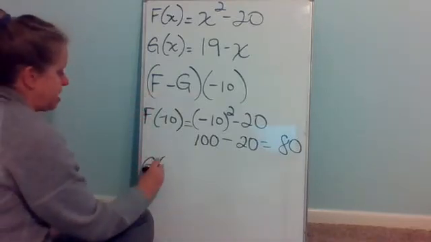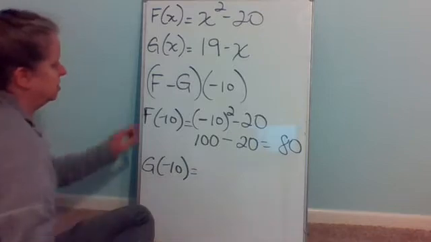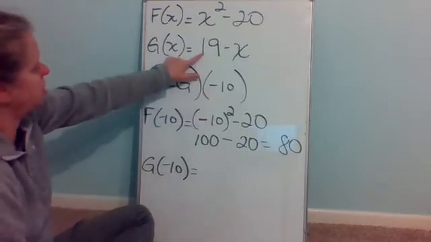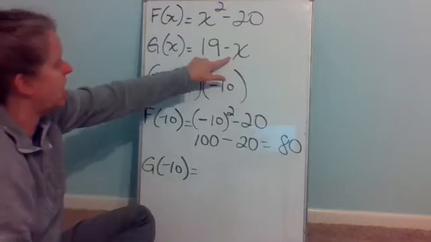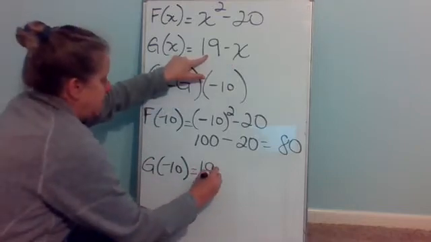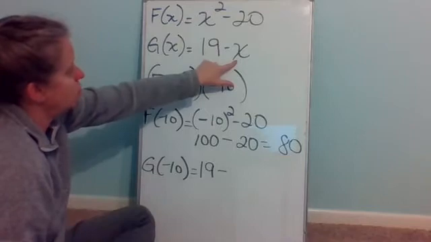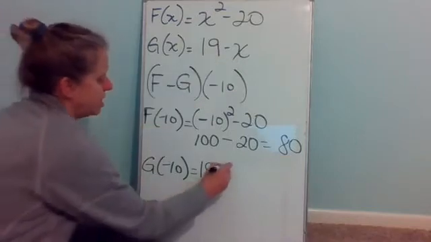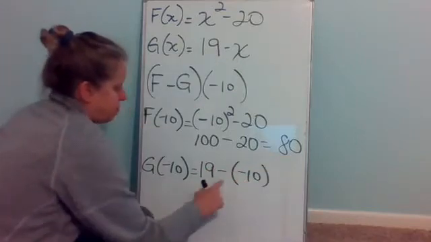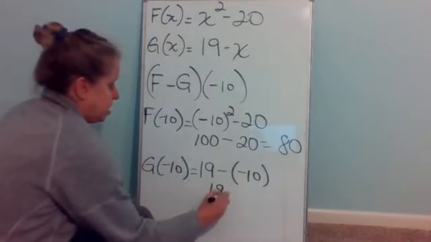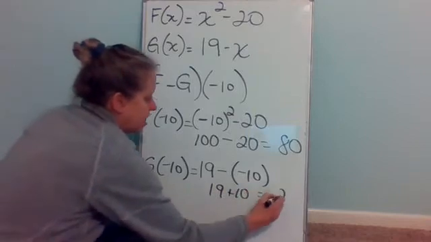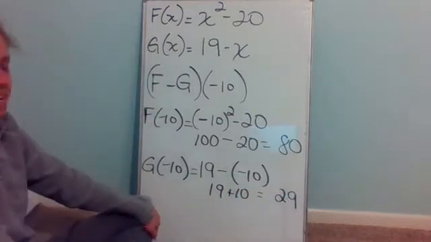Now I need to find my g of negative 10. So I'll go to my g function and replace its x with negative 10. Be careful with your signs here. I've got 19 minus, replace this x with negative 10. So do you see how you're going to have a minus negative there, which actually means 19 plus 10, which gives me 29.